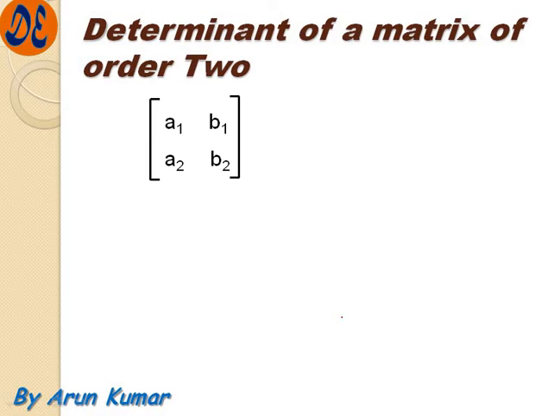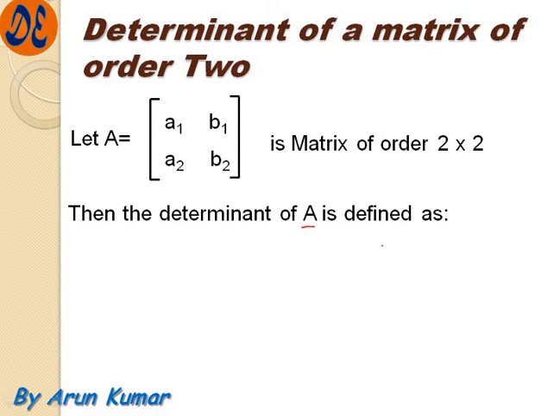So, determinants of a matrix of order 2. Let A be a matrix where there are 4 values, a1, a2, b1, b2. It's a 2 by 2 matrix. Then the determinant of A is defined as determinant of A, and we also write it as delta.